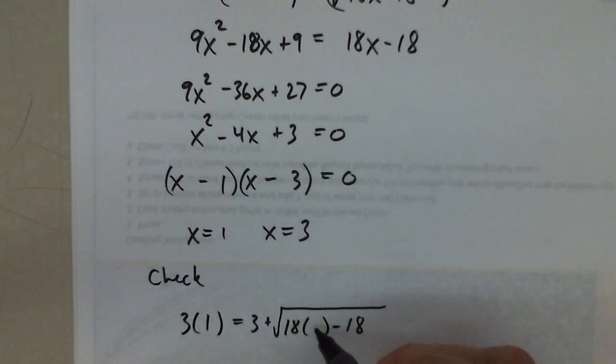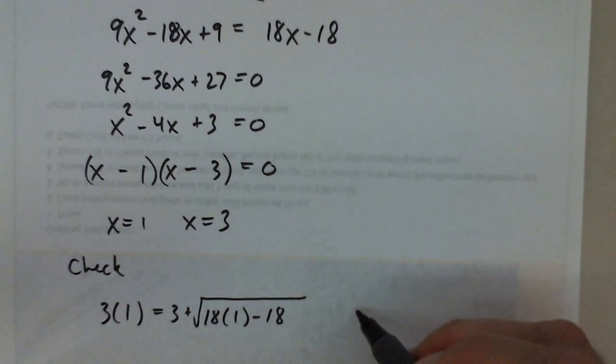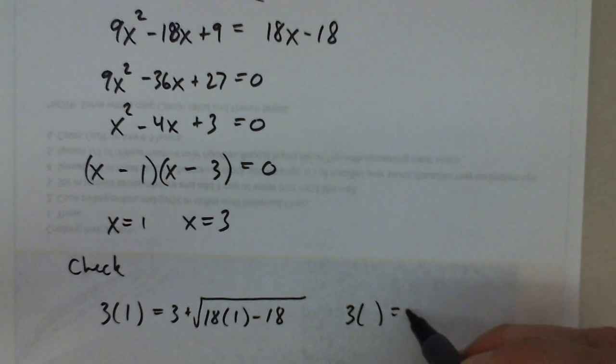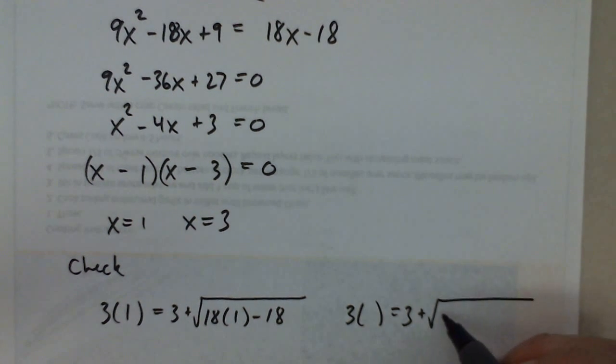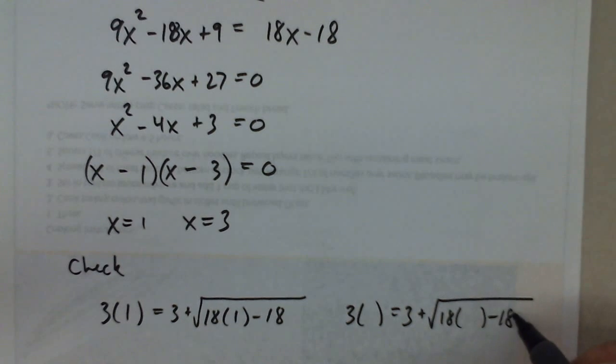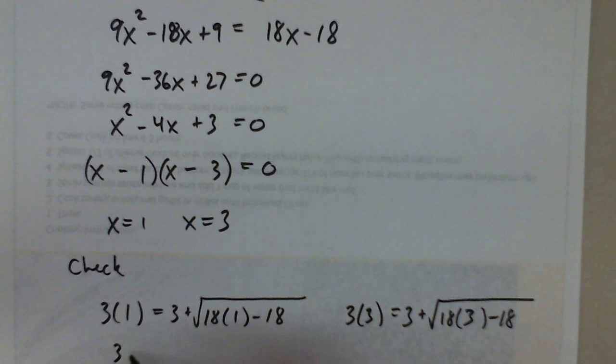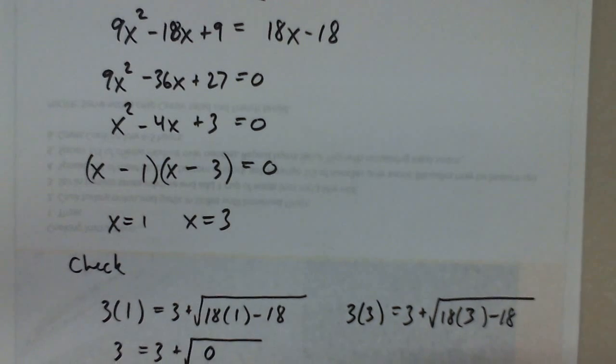Check 1. And check 3. 18 minus 18. 3 equals 3.